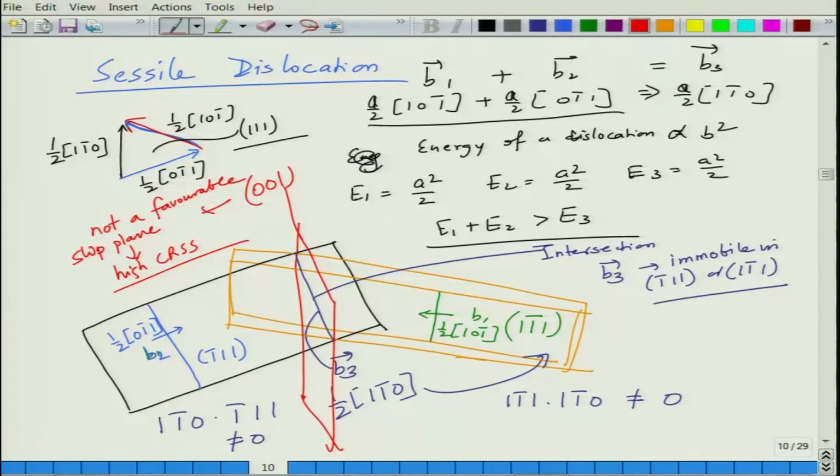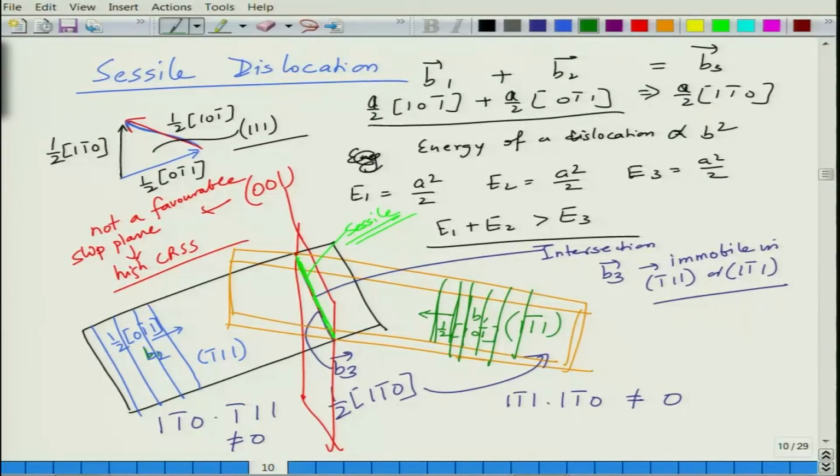So, essentially when you form this kind of dislocation, let us say you form this dislocation at this point, we call it a sessile or immobile dislocation. When you form this sessile dislocation at this point, all the dislocations which were moving behind it, when they pile up, they create many of these.